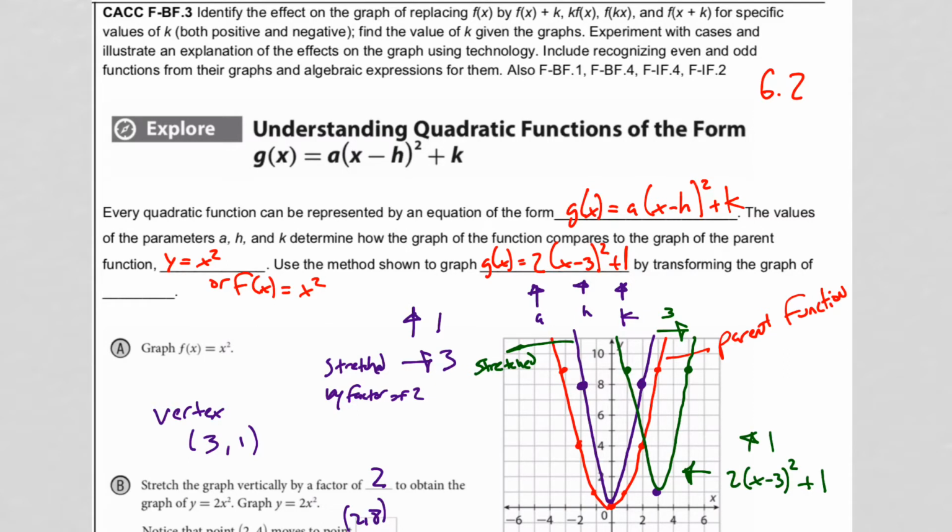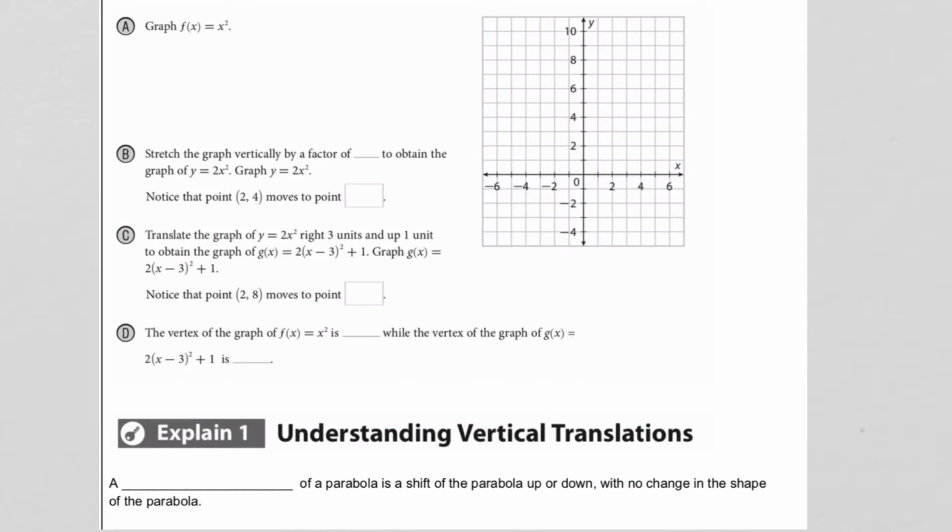So when I scroll down the page, my graph is going to disappear. But this became 2, 8. It was a factor of 2, that point moved to 5, 9. And I don't know if you can tell here, but between 2 and 5 there's 3. And between 8 and 9 there's 1. We moved right 3 and up 1.